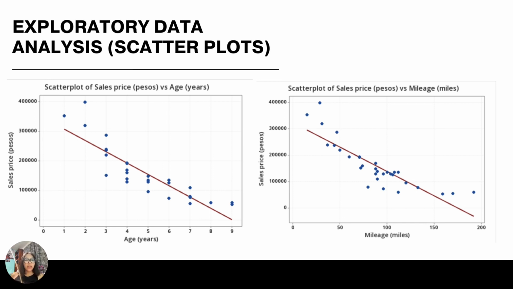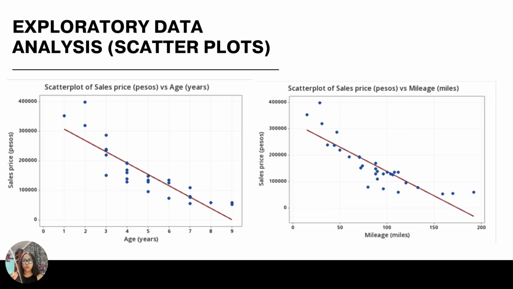So we began with exploratory data analysis to understand the relationship between the variables. Here we can see two scatter plots showing price versus age and price versus mileage. As you can see, both plots indicate a negative correlation. That's why they are going downwards. This suggests that as the car's age or mileage increases, its price tends to decrease as well.